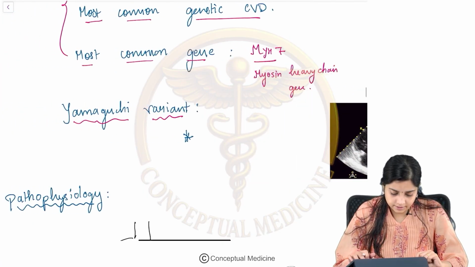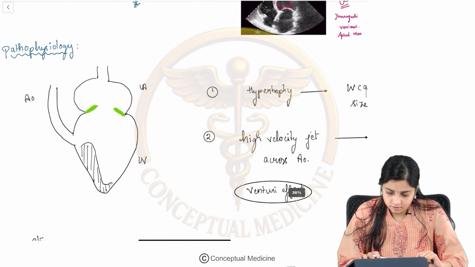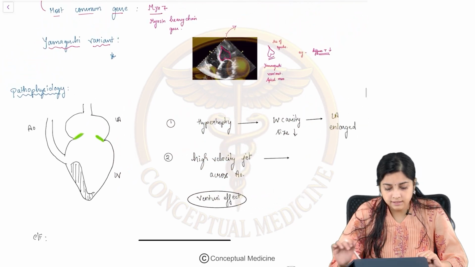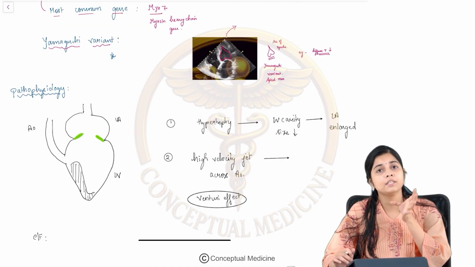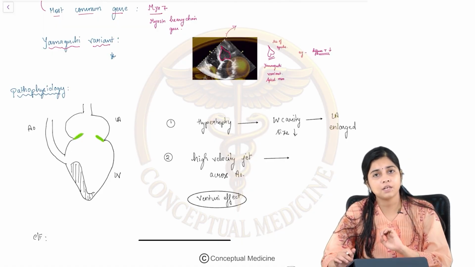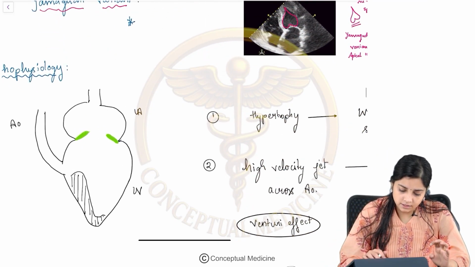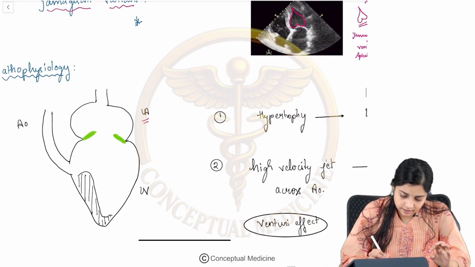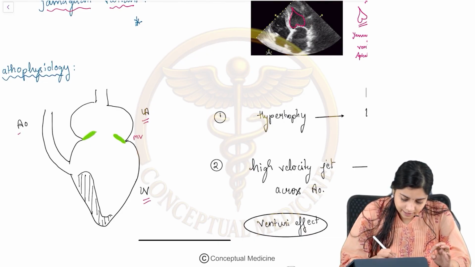Fine. Now let us look at the pathophysiology of HCM. Every HCM does not cause symptoms. Unless the hypertrophy is that much that it causes obstruction, you will not have much of symptoms. Can you notice here in this line diagram, this is the LA, this is your mitral valve, this is your aorta. You have an asymmetrical septal hypertrophy due to genetic causes.